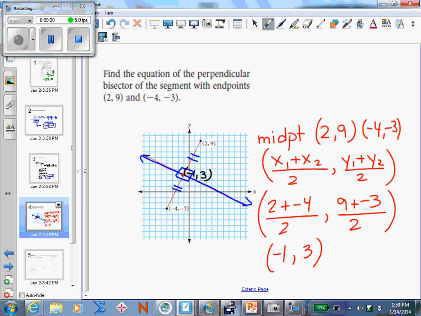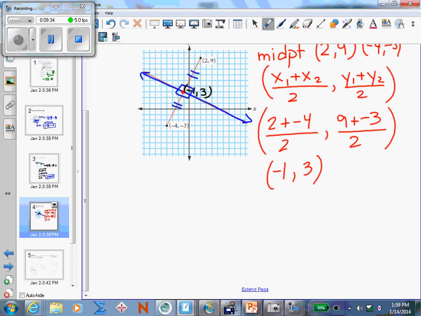But because it's perpendicular, if we find the slope between (-4, -3) and (2, 9), we can use the negative reciprocal. So I am going to calculate the slope. I will use (-4, -3) as x1, y1, and (2, 9) as x2, y2.